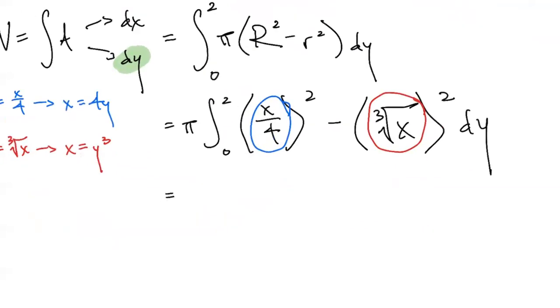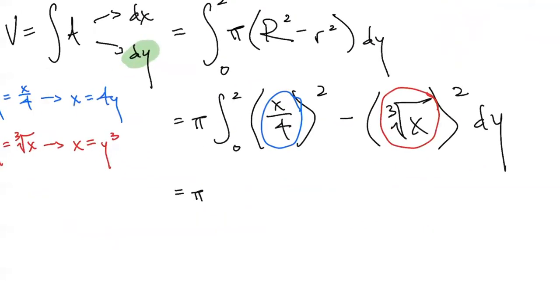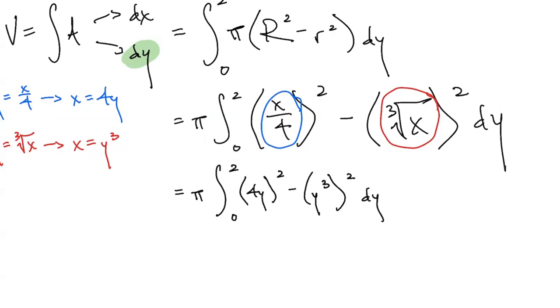So what do we have? We have pi, the integral from 0 to 2 of 4y squared minus y cubed squared dy. We have our inner function, the one that is closer to the axis of revolution.